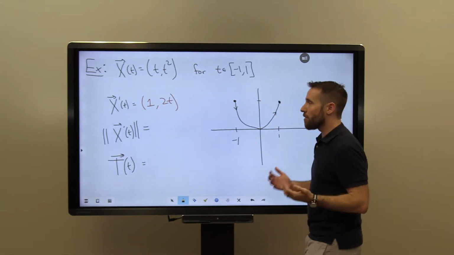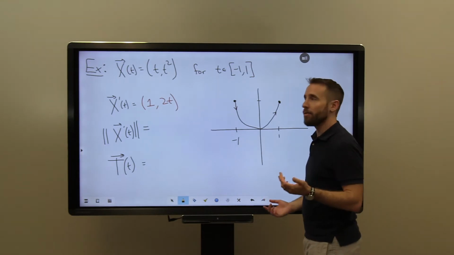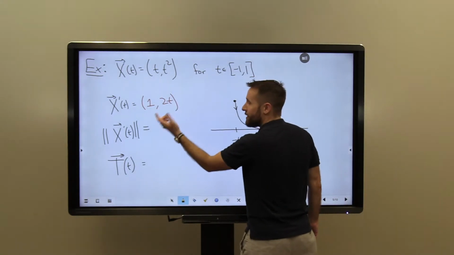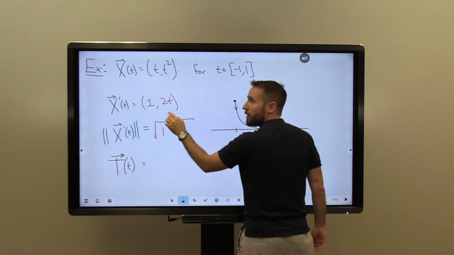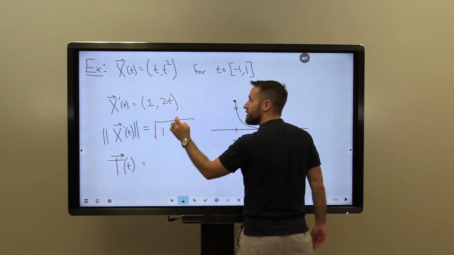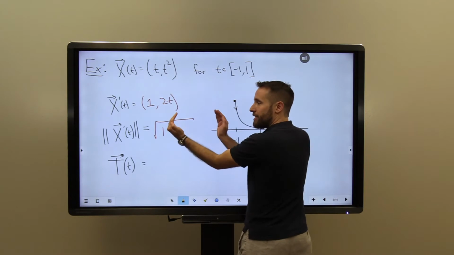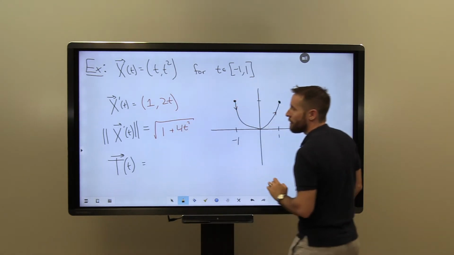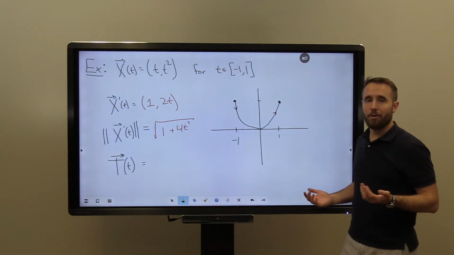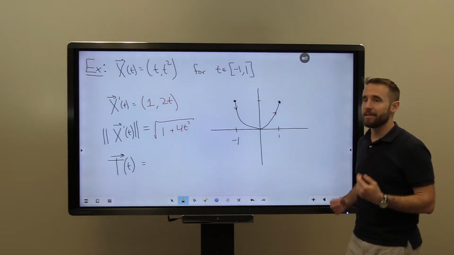And then the norm of this will be the square root of it dotted with itself, right? And so that will become the square root of 1 squared plus 2t times 2t, so actually 4t squared. And so we get this as our speed at any given time.